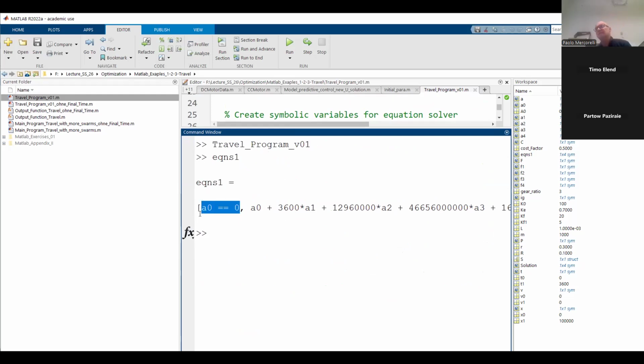Do you remember the initial condition considering T0 equals 0 at Lüneburg, F1? F1 equals 0.